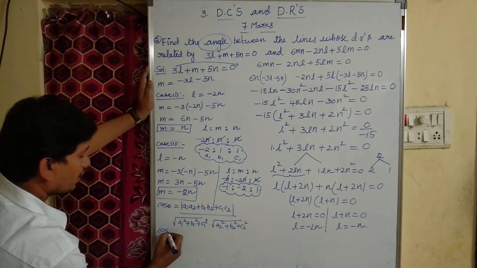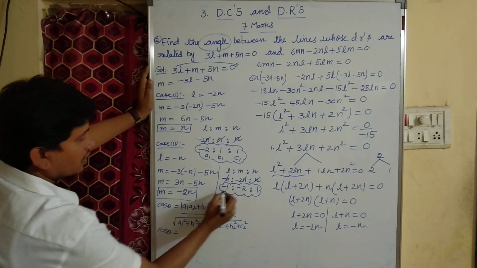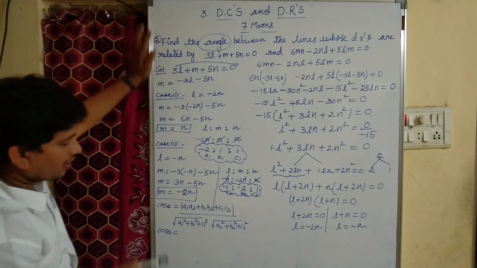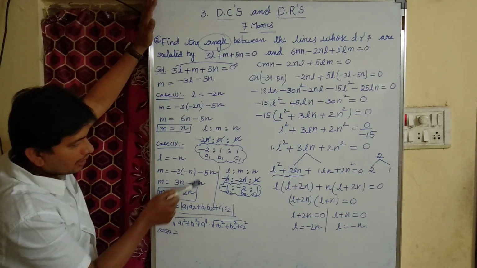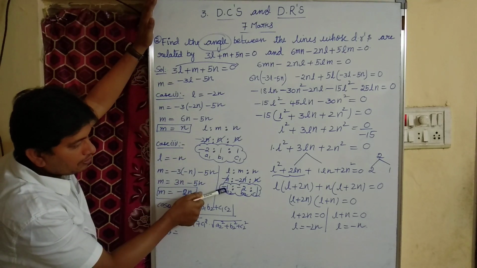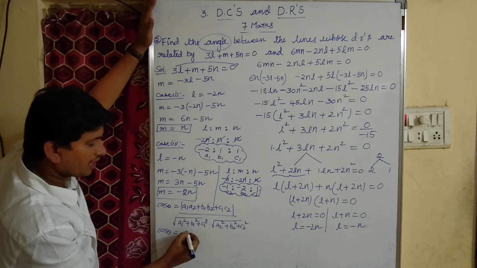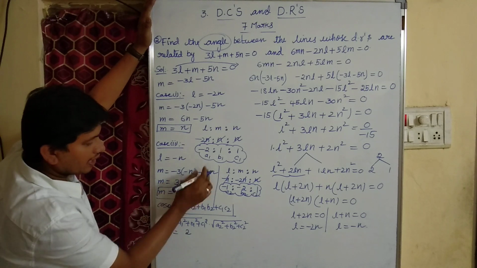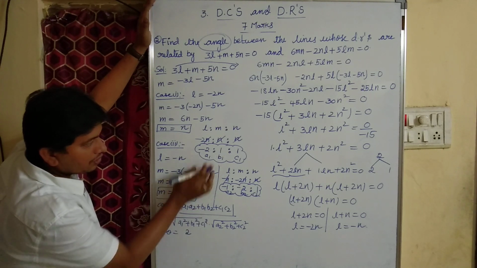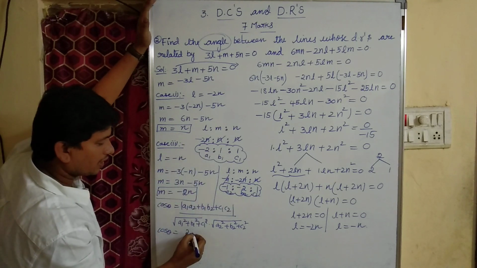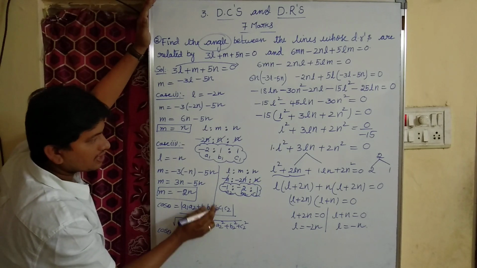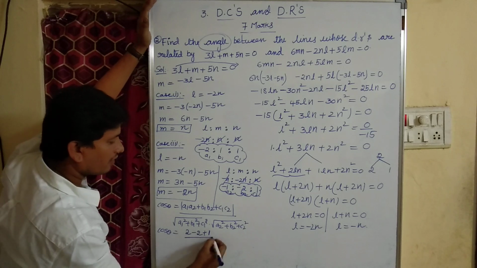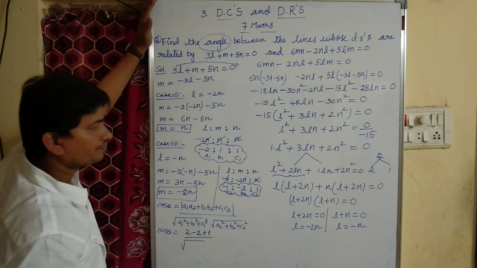So cos theta equal to, this is our A2, B2, C2. Children, A1 A2, I mean minus 2 into minus 1, that is equal to 2. Again plus B1 into B2, 1 into minus 2, that is minus 2, plus C1 into C2, 1 into 1, 1, divided by root over.